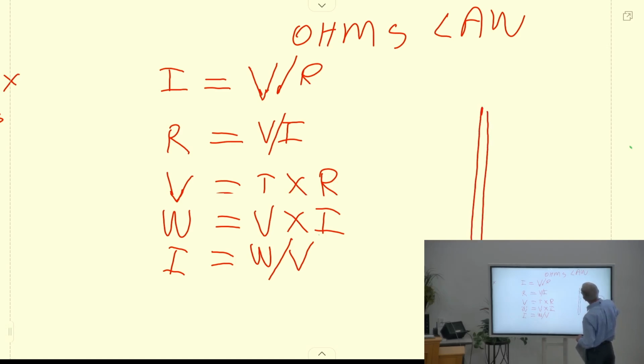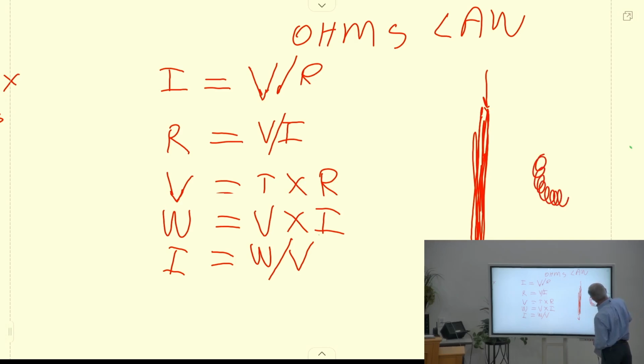What we're talking about here is we have this conductor, and we have this conductor, and we have current flowing through this. We have alternating current flowing through this, and this device called a toroid. See if I can draw one. It's a coil, a coil like this.